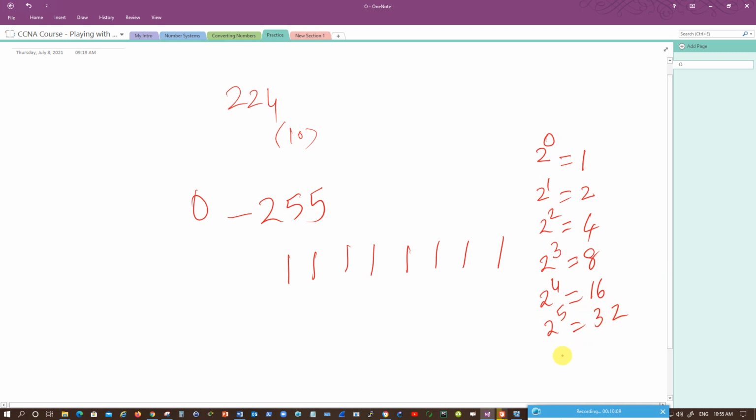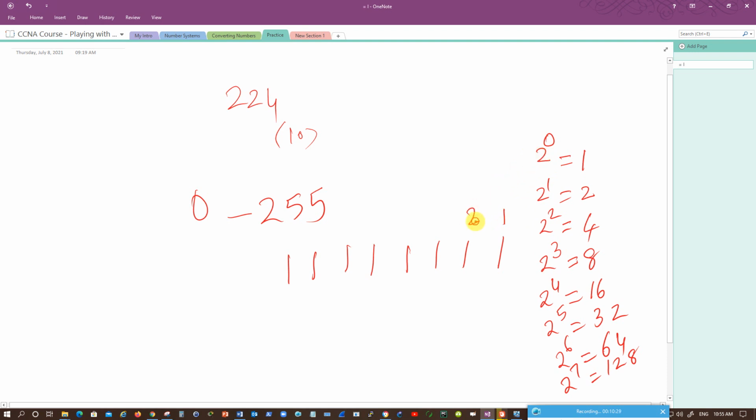Then 32, 2 to the power of 6 will be 64, and 2 to the power of 7 will be 128. So what I am writing here is the value of the power of 2 because we are dealing with binary. I'll say 1 to represent 2 to the power of 0 here.